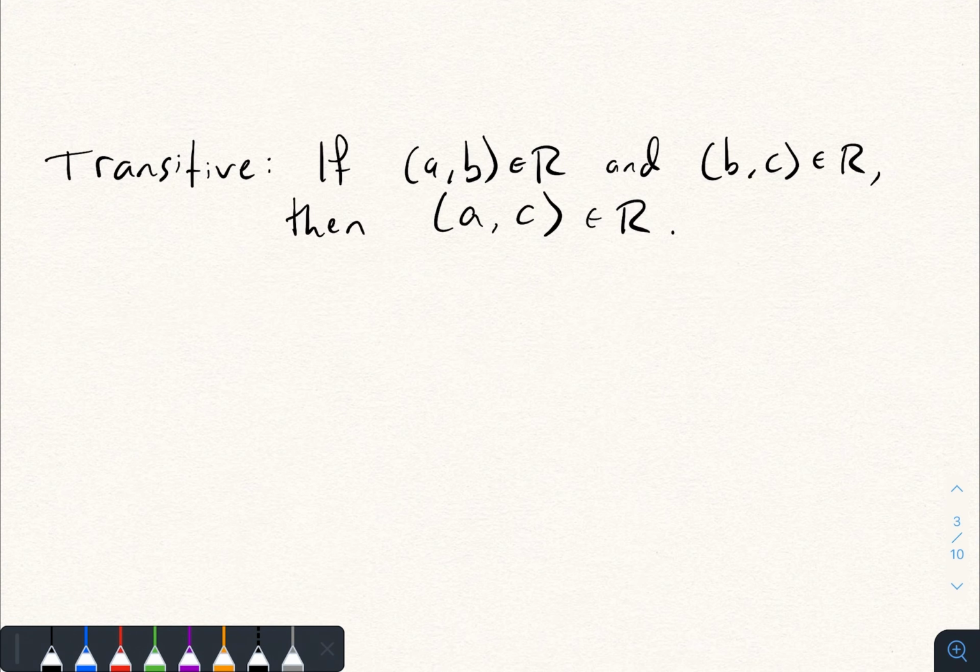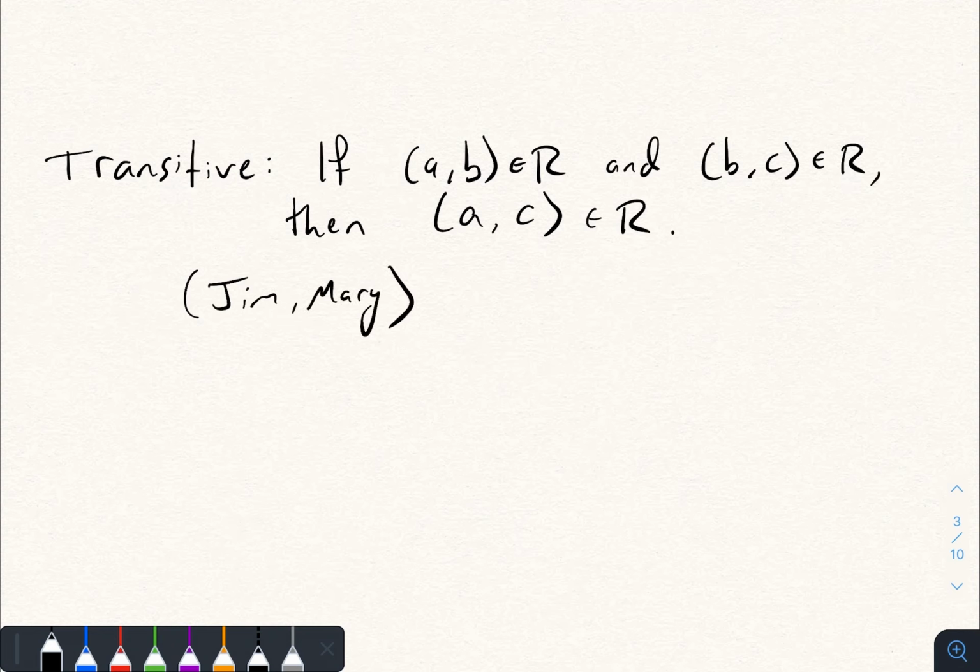There's also the transitive property. If A comma B is in the relation and B comma C is in the relation, then A comma C is in the relation. So let's stick with the same color shirt one because this one will make it a little bit more intuitive. Jim is related to Mary. Jim is wearing the same color shirt as Mary. Let's say that Mary is wearing the same color shirt as Kathy.